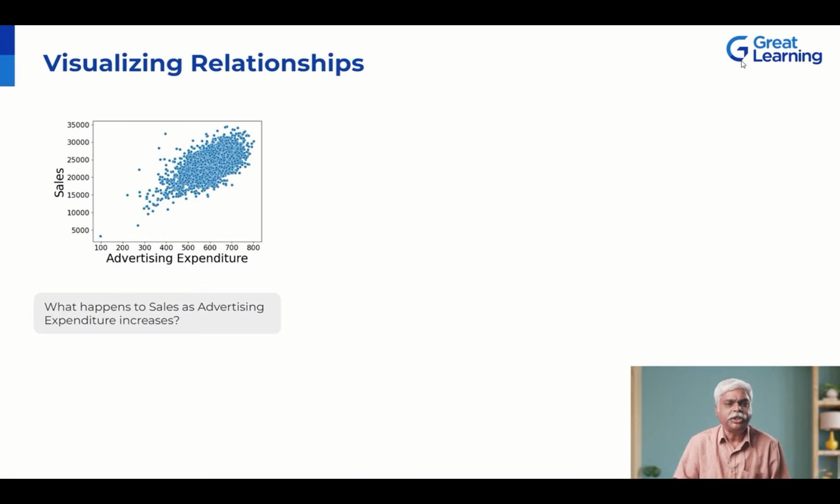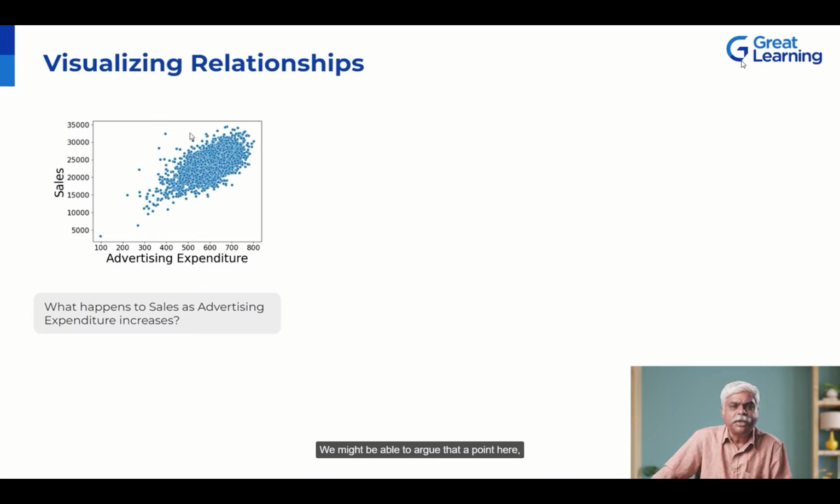Just to fix attention, we might be able to argue that a point here, let's say, represents a particular region. In that region, I now know what my advertising expenditure is, that is visible to the people in that region, and what sales I've accomplished for my product. These are data points that I have. All these data points are now plotted on this graph.